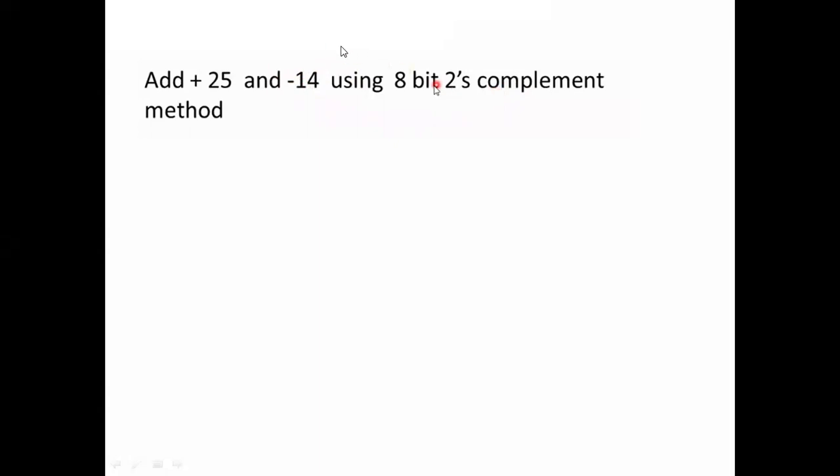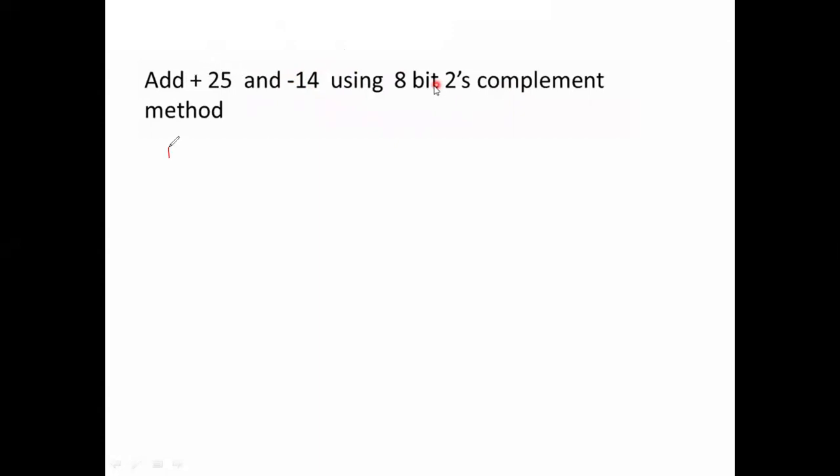See here how to do this problem. First, you find out the binary equivalent, signed bit addition. So first find out the binary equivalent for this plus 25. If this is a decimal number, how do we convert this decimal into binary? Do you remember?